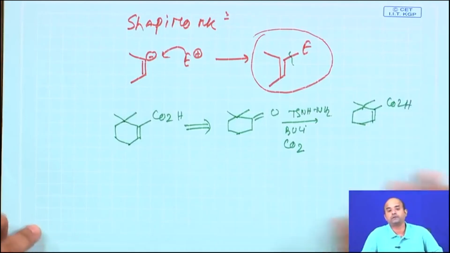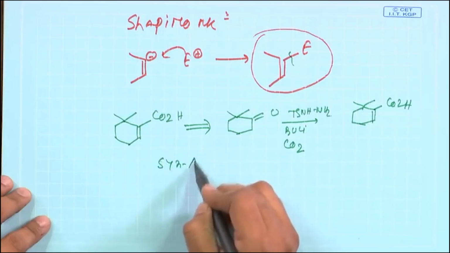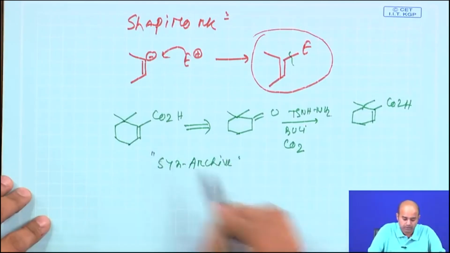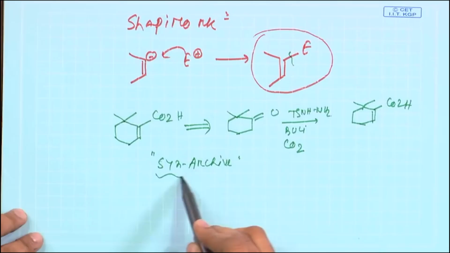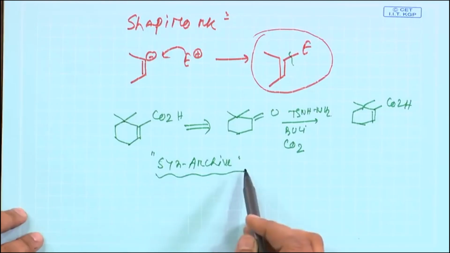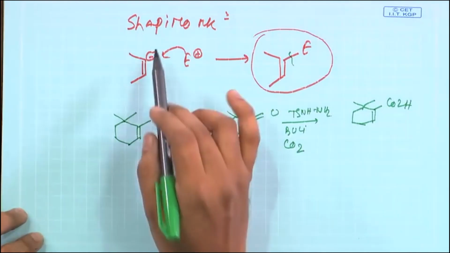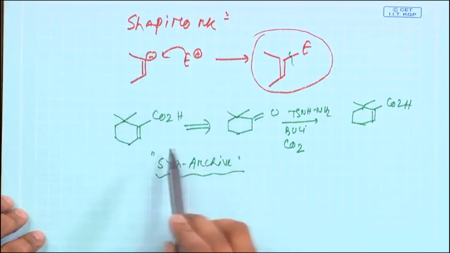So, the Shapiro reaction is a potentially very useful reaction, and please, I am referring all of you to go to the Scene Archive website, which was given to you a couple of weeks back. In the lecture I talked about the Scene Archive website. You can access it and check the mechanism of the Shapiro reaction. The Shapiro reaction will be very useful for making this kind of compounds.